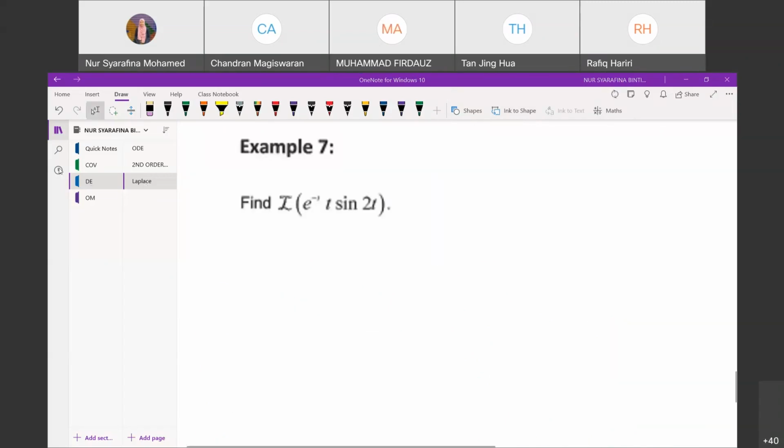All right, so now let's take a look at the last example for today. As you can see from here, it is exponent minus t, sine 2t. So what are the properties involved here?